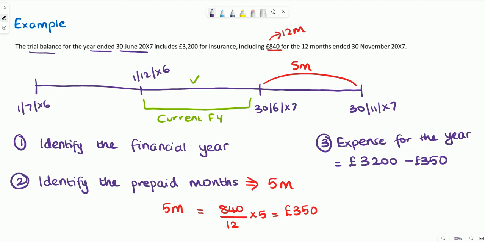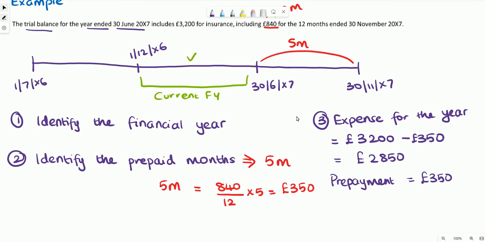Yep, and that will give me £2,850. My prepayment in the statement of financial position within current assets is going to be 350. Okay.